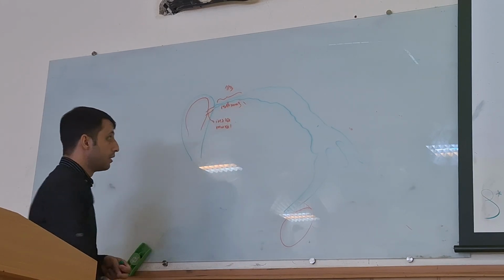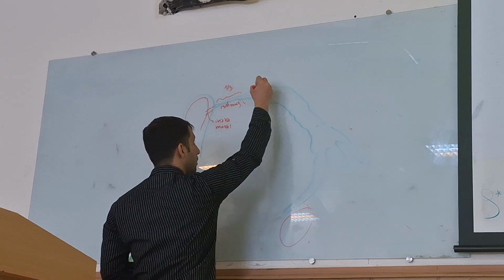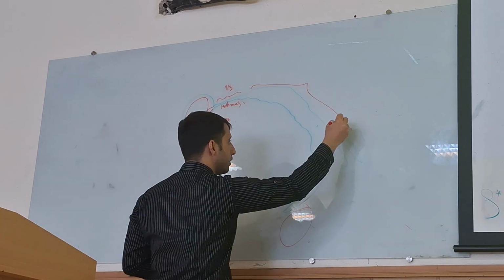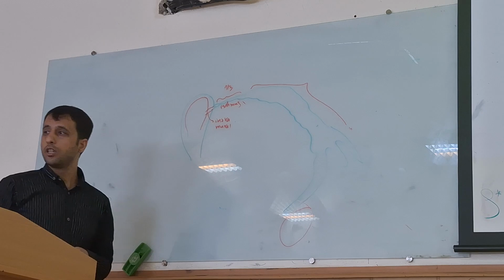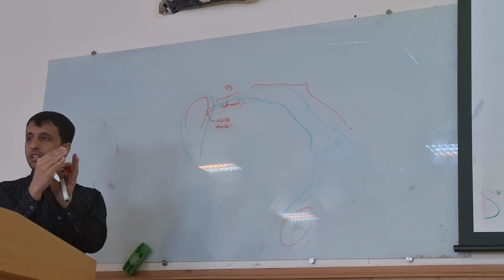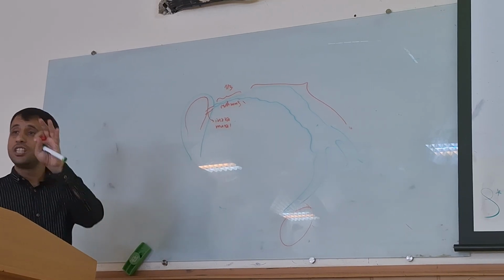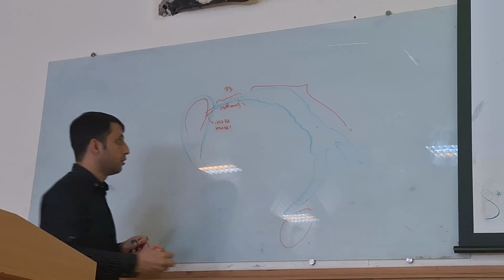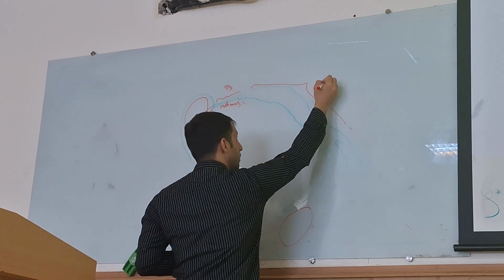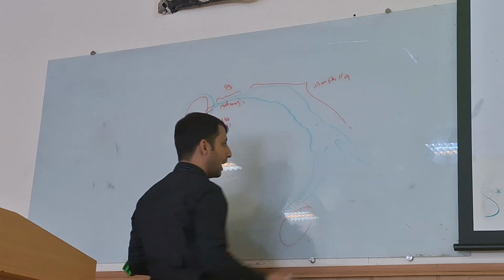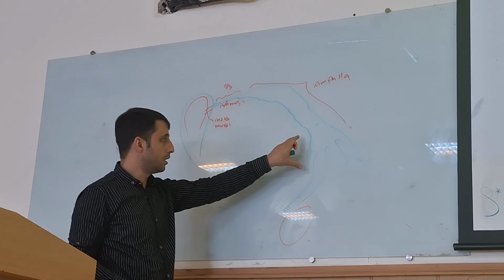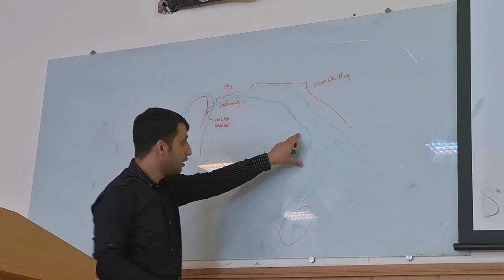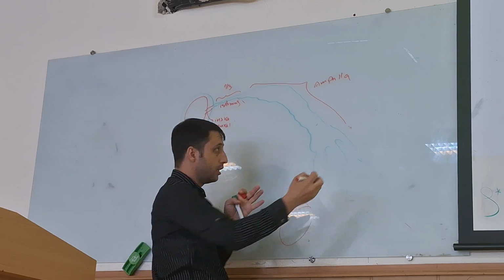This part is named ampulla. The ampulla is a dilated part, which is the main site for fertilization. After the ampulla, here we have the infundibulum. This area is the infundibulum.